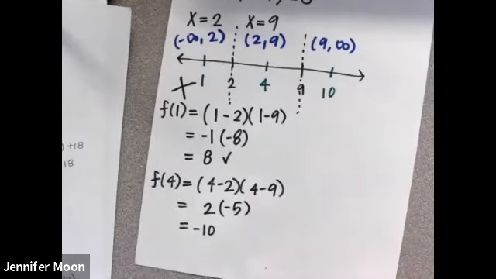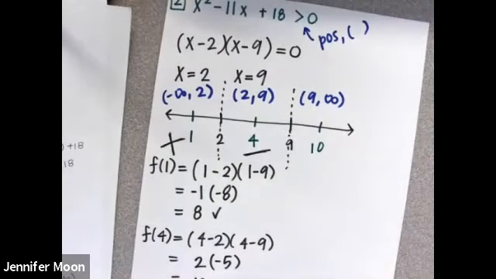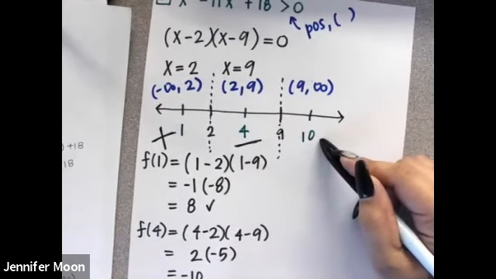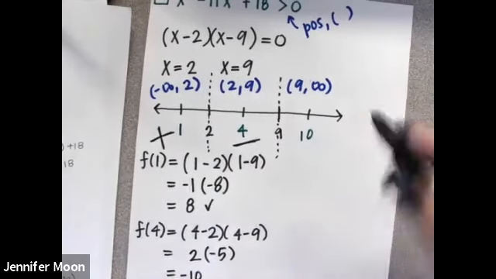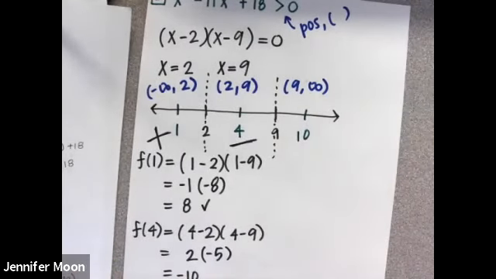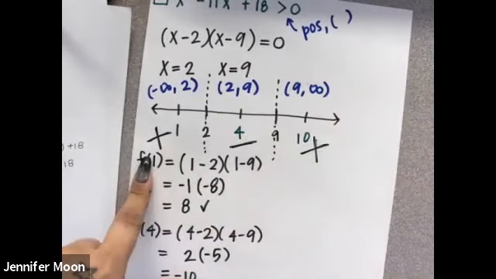Does that satisfy my inequality? No, because it's negative. I'm looking for positive. So here I would have my negative. Is this last value going to be a positive value or a negative value when I evaluate it? It's going to be a positive value because there's a pattern, right?